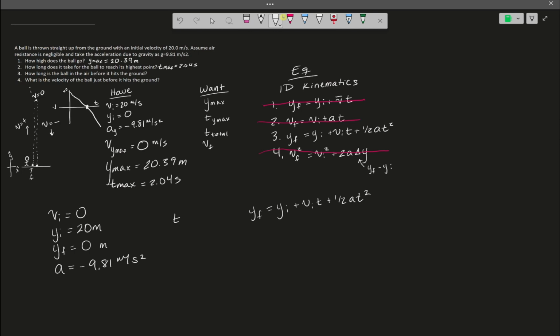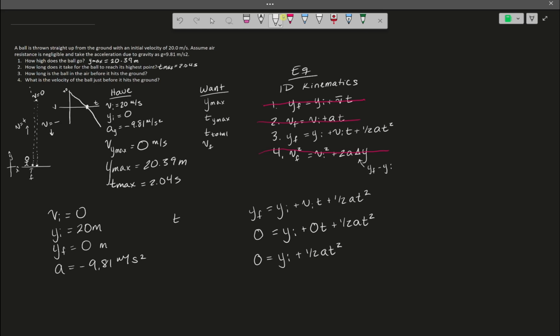This makes it easier to simplify the equation. So for example, my final position is 0, and also my initial velocity is 0. That's going to really simplify this equation for me, and it's also going to make it so that I don't have to do the quadratic, right? Because now we have only the initial position plus 1/2 acceleration time squared.